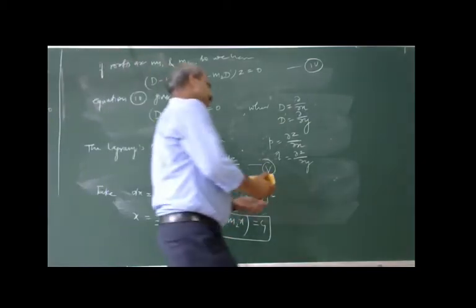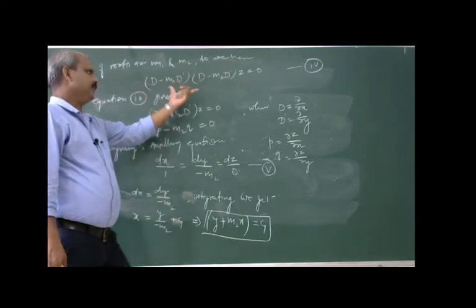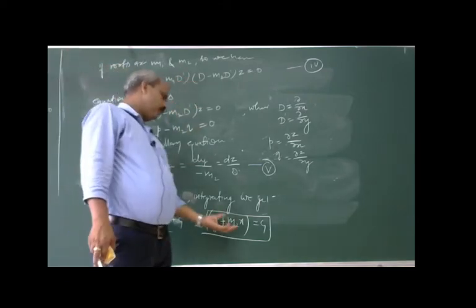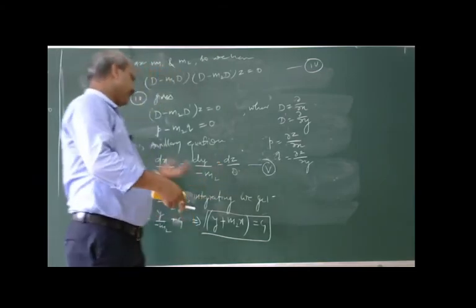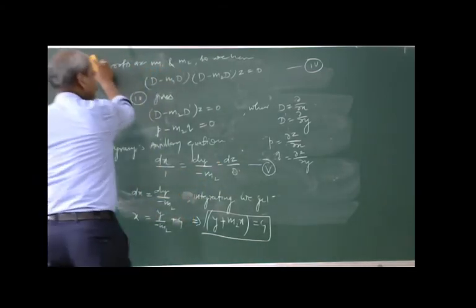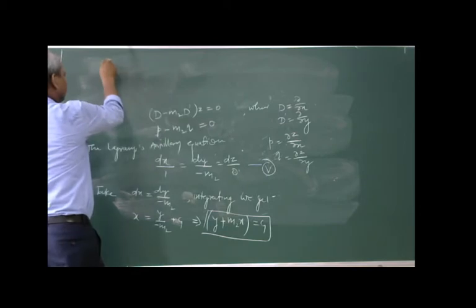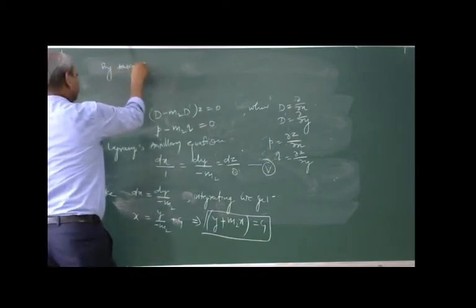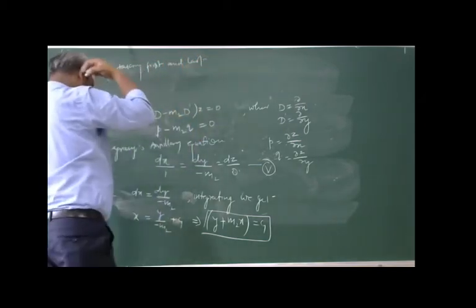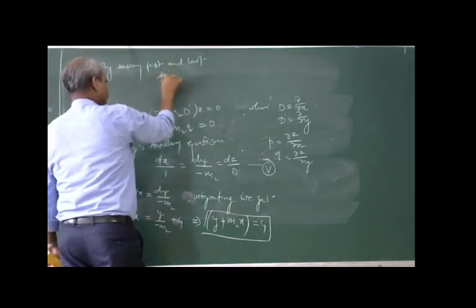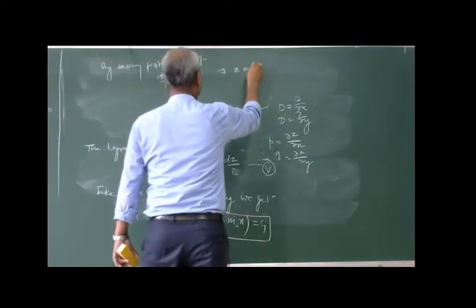And to find the second solution, you go to the second video, where it was explained how the solution of this type of equation is found. Finally this is u equal to c1, now we find v. For v we use some other equation. For example, let us take first and third. By taking first and last, it means dx by 1 equal to dz by 0. So this gives z equal to c2.